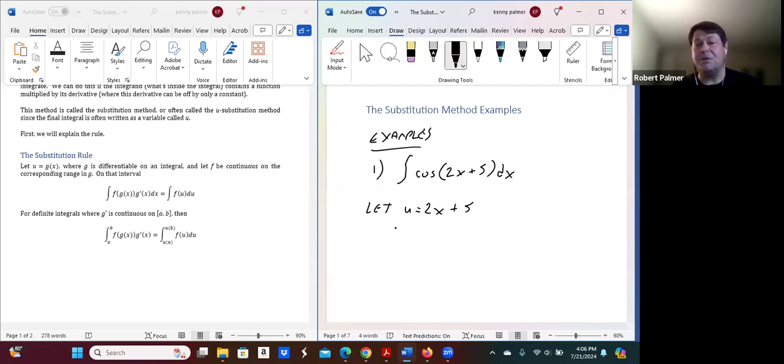Now we're going to take the derivative of this, so we want to find what's called the differential. Remember, du is called a differential, and this is just like taking the derivative. This is u, then du. Then we take the derivative of this. The derivative of 2x is just 2, and the derivative of 5 is 0.